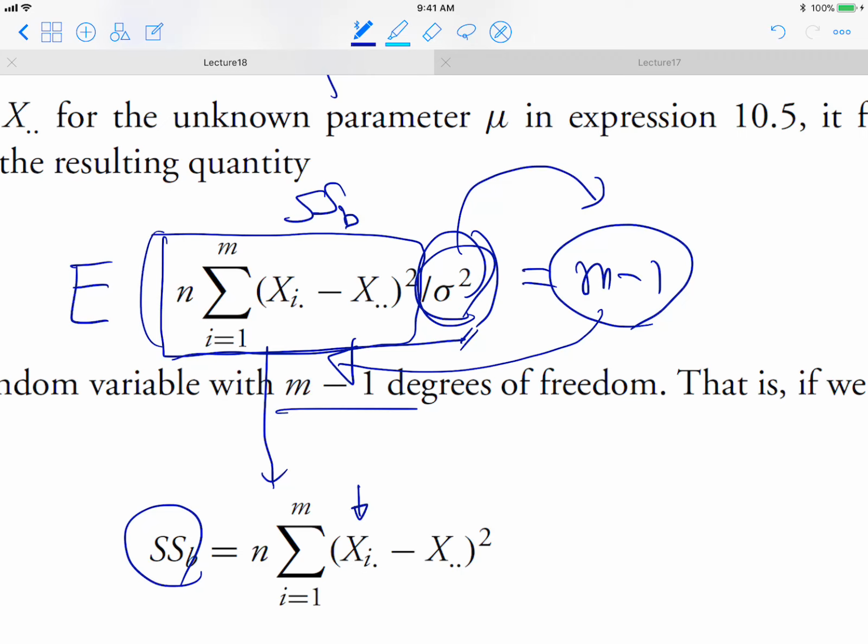This was the i-th group's sample mean. We have two groups in the previous example, so we will have x1 dot, x2 dot. And then this one is our global sample mean, right? We take the square of the difference, and then we multiply it by n.